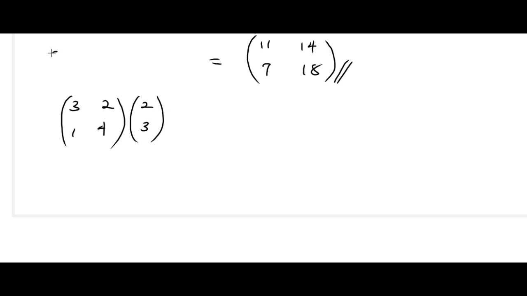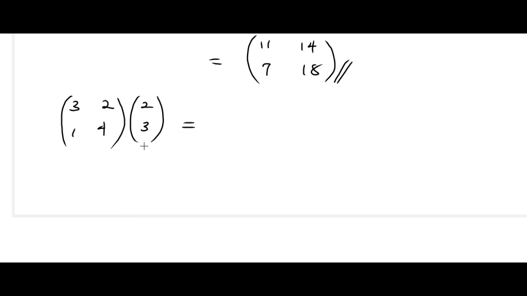Like this one now, we have a 2 by 2 matrix multiplying a 2 by 1 matrix. So the column of this is the same as the row of this, so we can multiply them together. So what do we do?